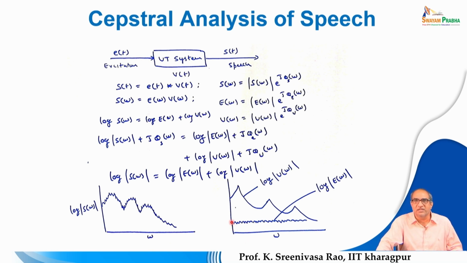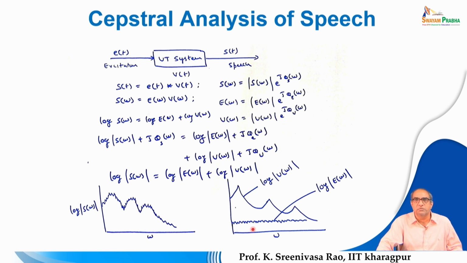So, if you analyze the pitch harmonics, you can see the peaks are at intervals of 200 in the frequency domain, like successive ripple peaks. The distance between the successive peaks will be 200 if the pitch is 200.